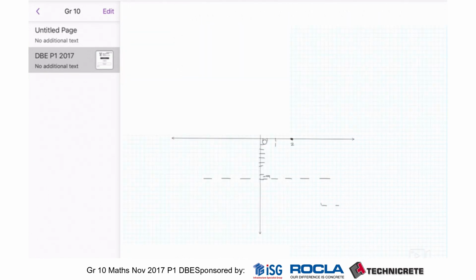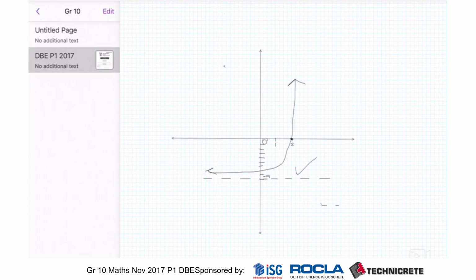And then we know the shape of my graph is going to go like that. My graph is not going to touch -9, but it is going to touch the 2. So, marks for the asymptote, intercepts, and the shape.